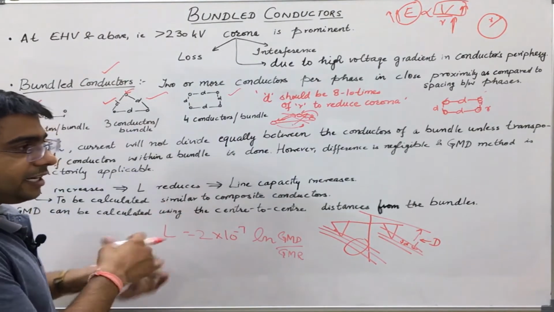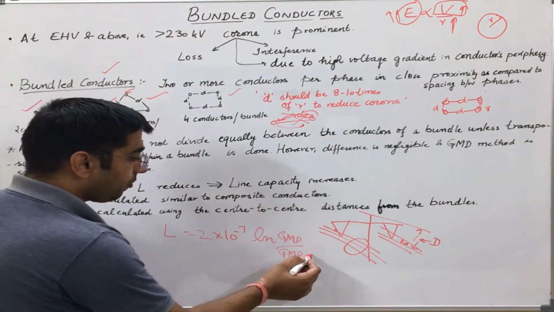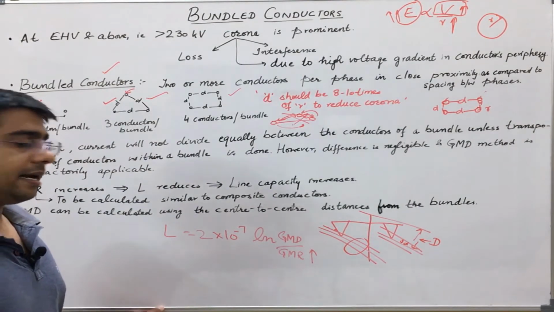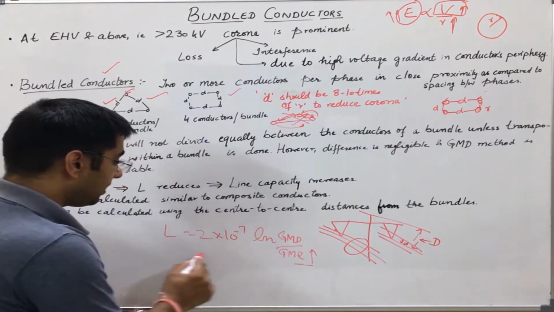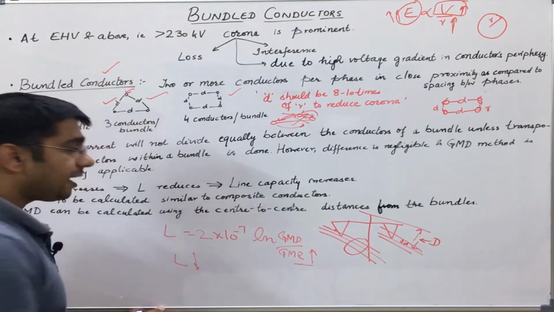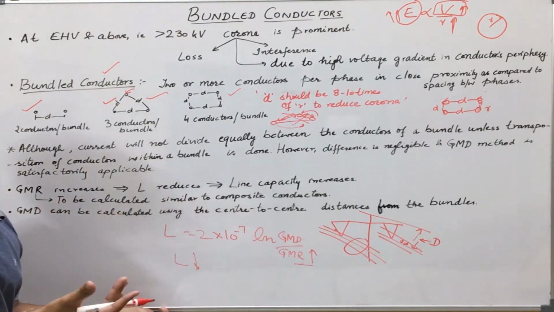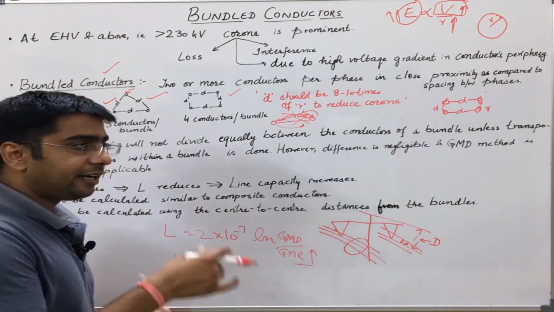Now we will see in the next slide that the GMR of a bundled conductor increases as compared to a single conductor. So if this increases, then L will reduce.